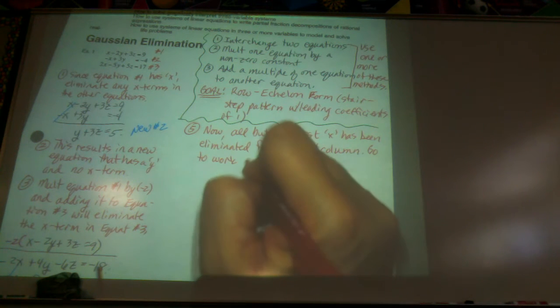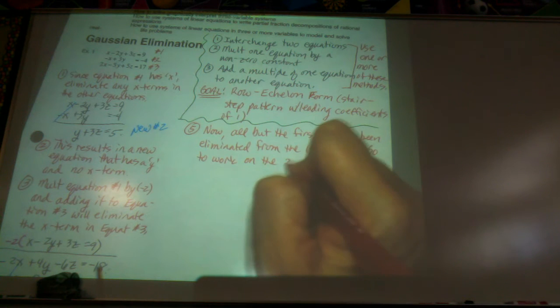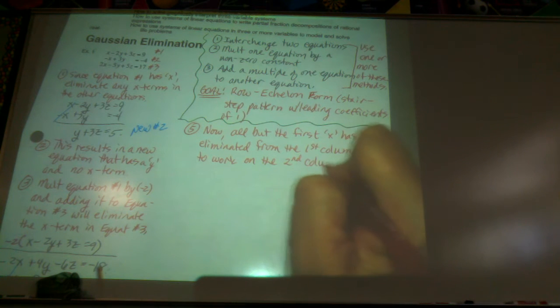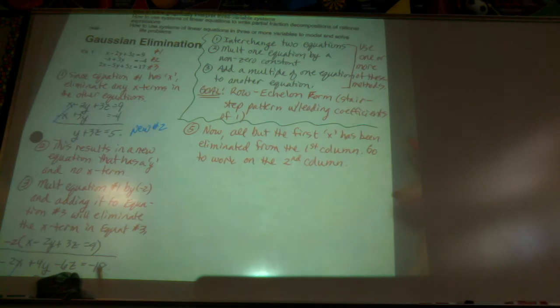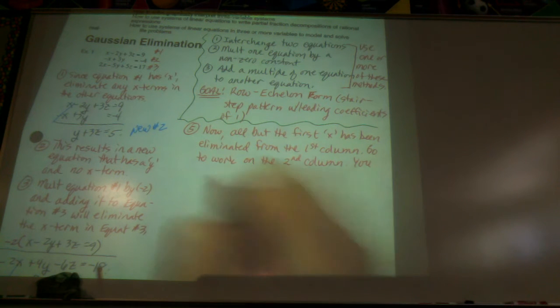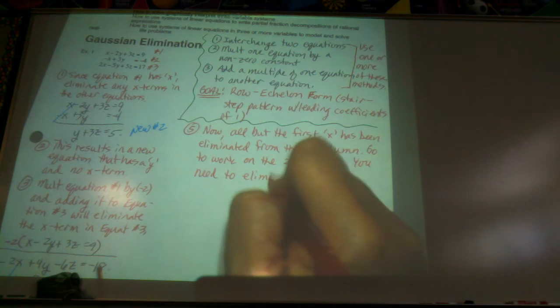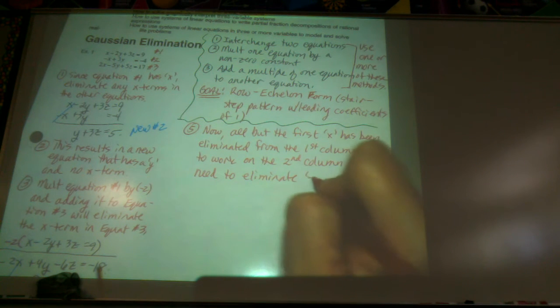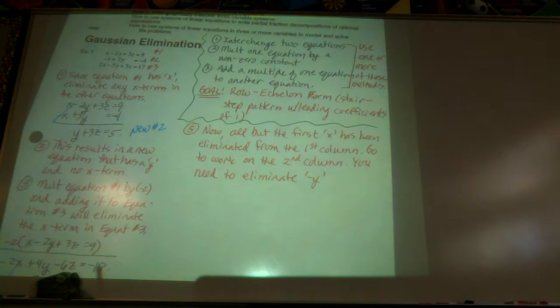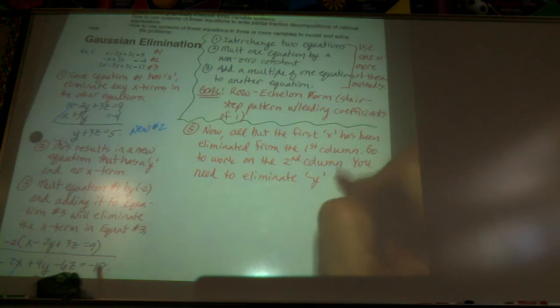Go to work on the second column. You need to eliminate the negative y from equation number 3.